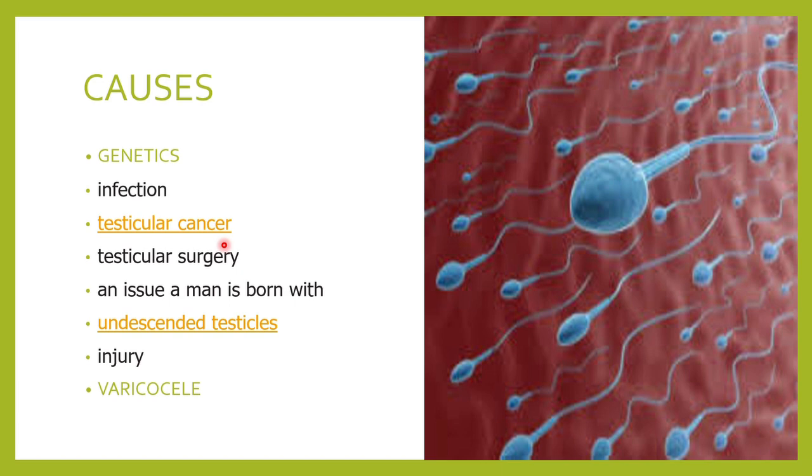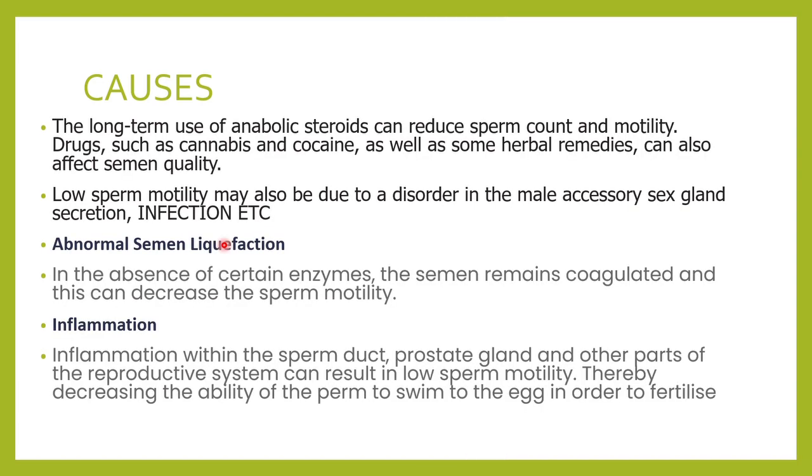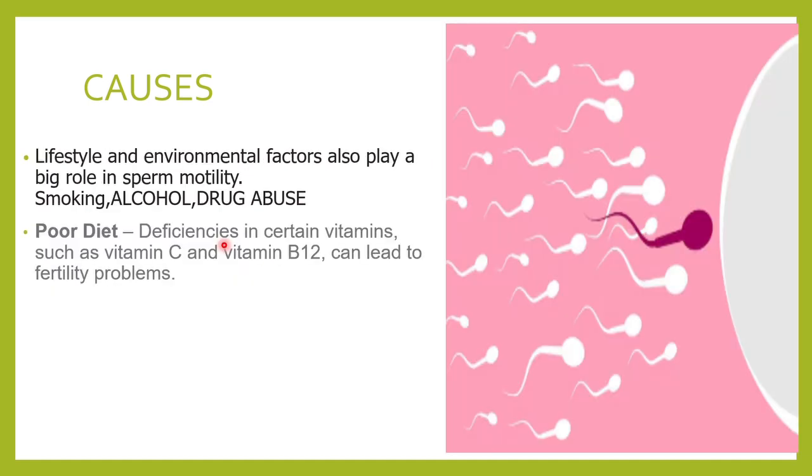If there was a varicocele, or if the person has been using a long-term anabolic steroid, that can also affect the sperm quality as well as quantity. If there is abnormal semen liquefaction because of problems in the male accessory glands, and the semen remains coagulated, then it can hinder sperm motility. Inflammation of the sperm duct or the prostate gland can also impair sperm motility.